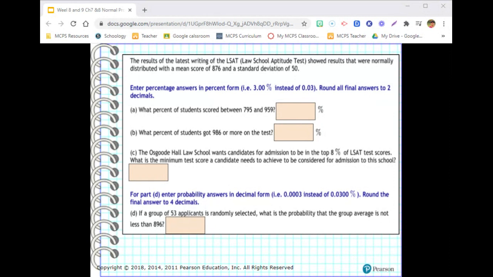When you write in symbols, you have the probability of z greater than 986, because it says 986 or more.